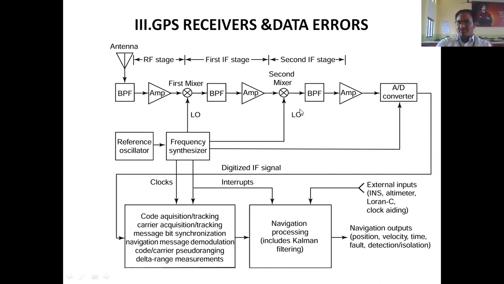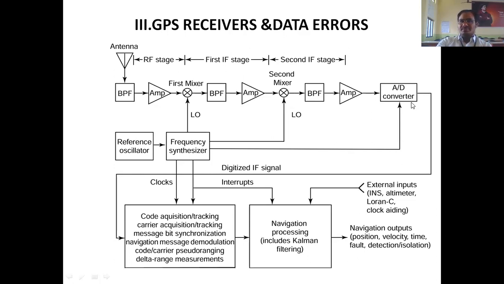After the down conversion process, it is to be digitized. That means the analog signal has to be converted into the digital signal. That is called the A to D converter. And after that, the processing.